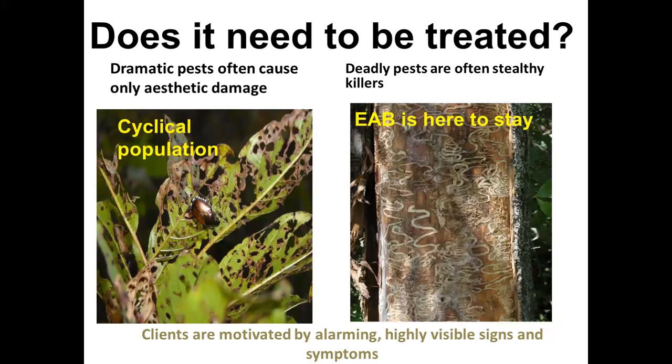But typically a tree has enough energy reserve to rebuild a new set of leaves. A deciduous tree can grow a new crown. If you lose some of that, it's usually not a big deal in a normally healthy tree.